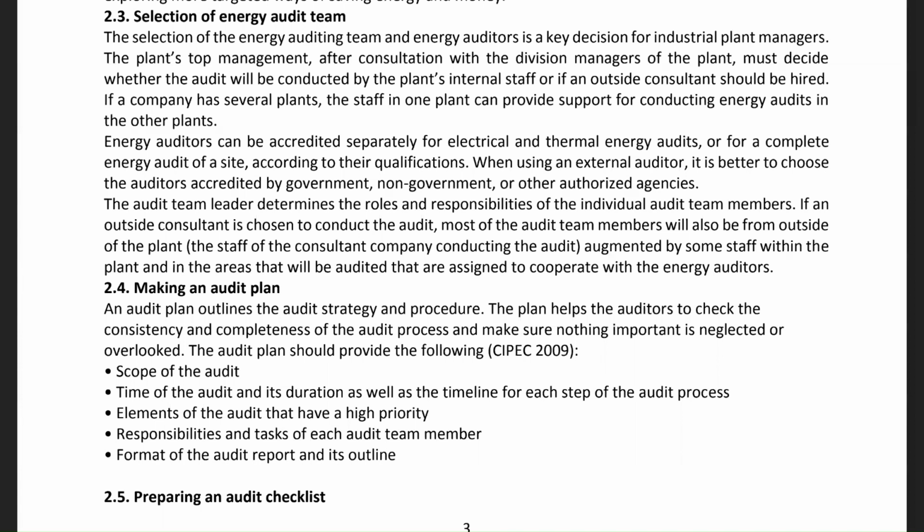So the advantage is that, first of all, this internal works manager will have the overview of the plant himself because he is working there. So no initial walkthrough audit is required for him.